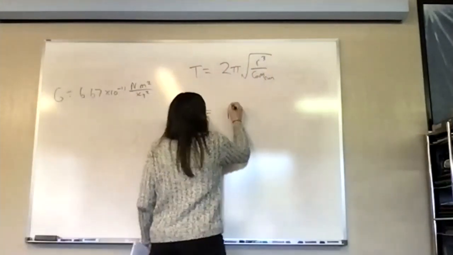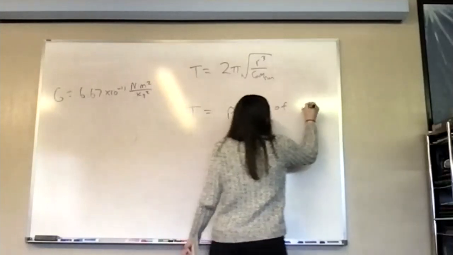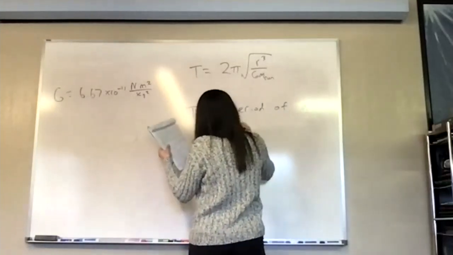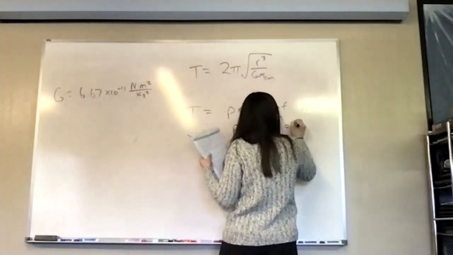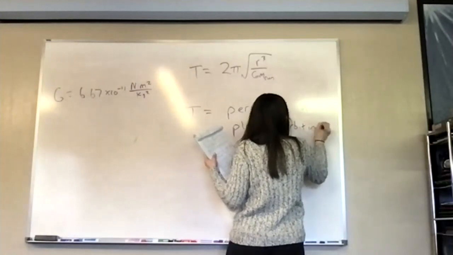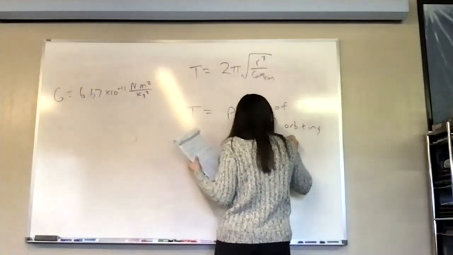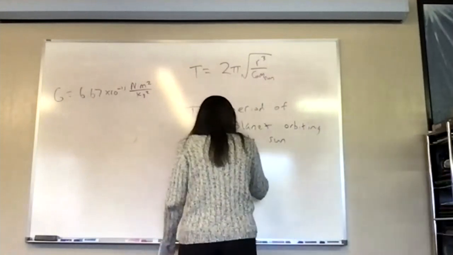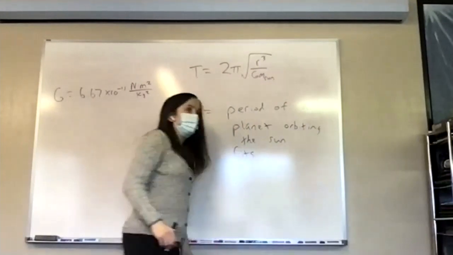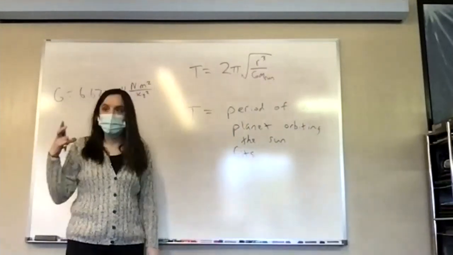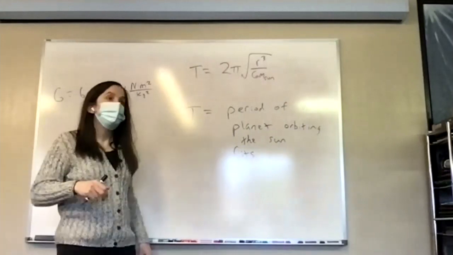So T is the period of a planet orbiting the sun. Basically we define it as its year. For Earth, it is 1 year, 365 days. For other planets, a year is either shorter or longer than our year.